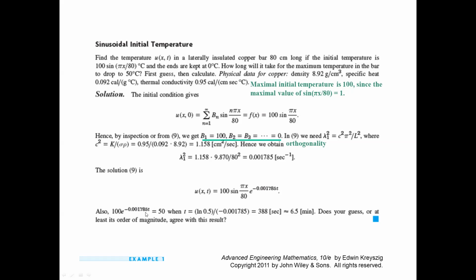Solving this equation for t, we get a number. It takes about 6.5 minutes for an 80 centimeter long object to reach half its value, because heat can go away only from the two ends.